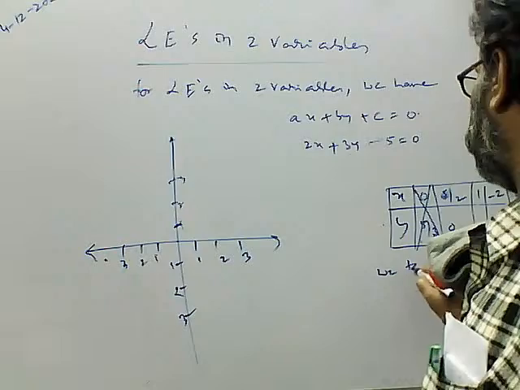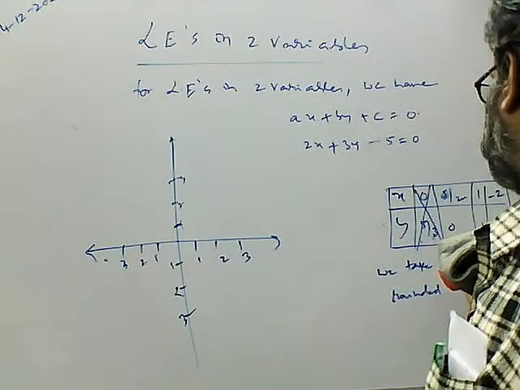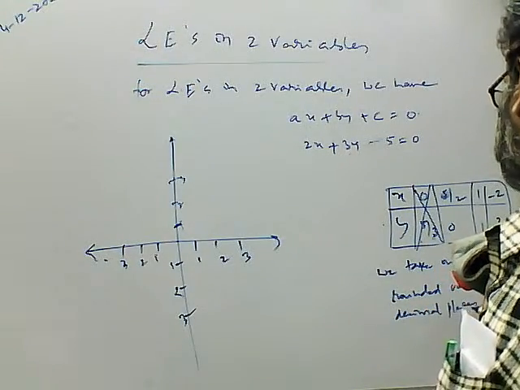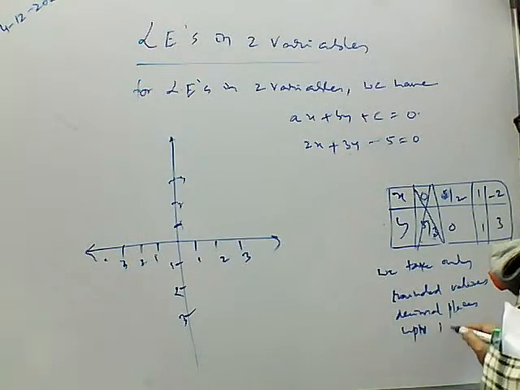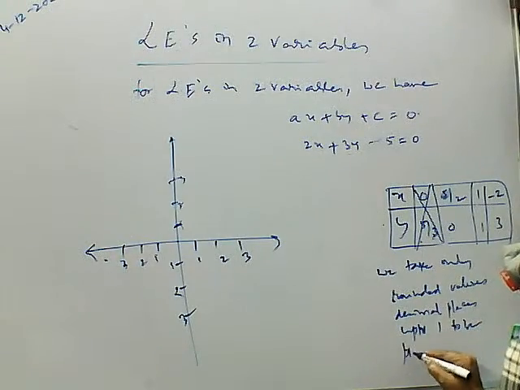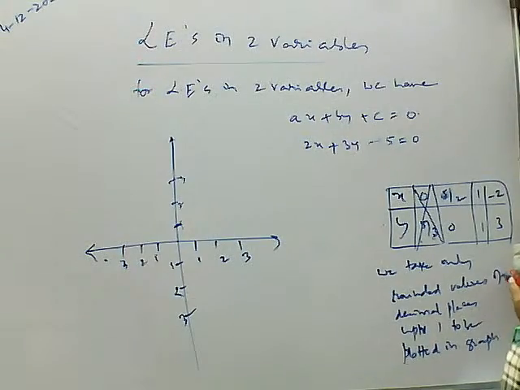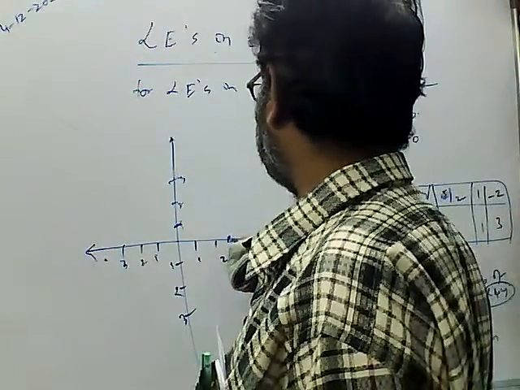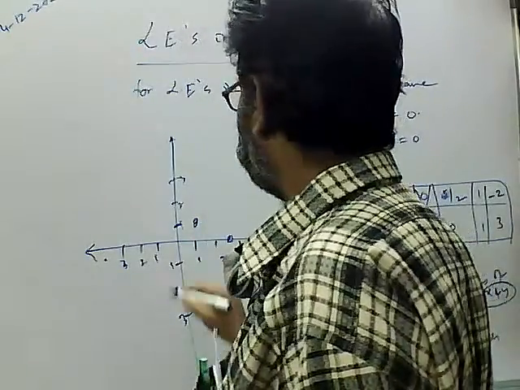We take only rounded values, decimals up to 1 place, to be plotted in the graph of xy. Now x 2.5, y0; x1, y1; x minus 2, y3.